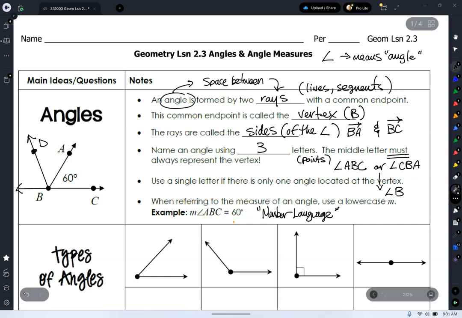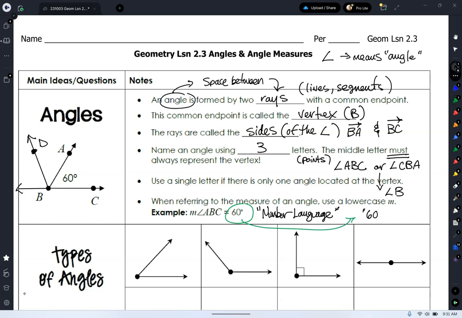Now, circle this little symbol here, right? And swoop an arrow over here. This is read 60 what? Degrees. Okay, so let's talk about degrees. Super important. A degree, let's jot this down right here.